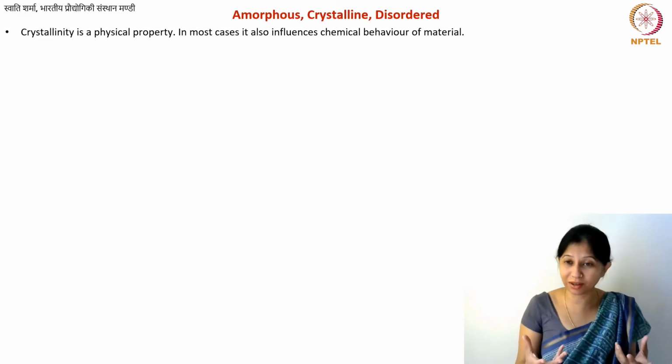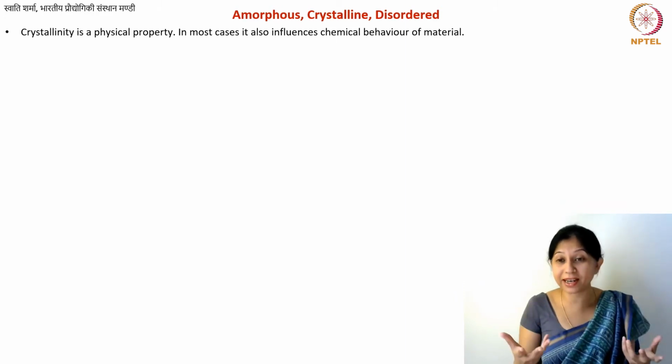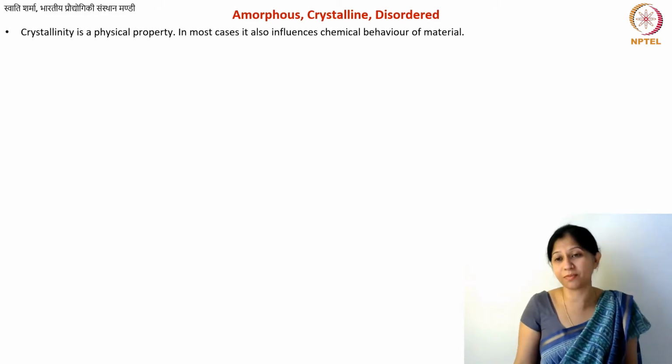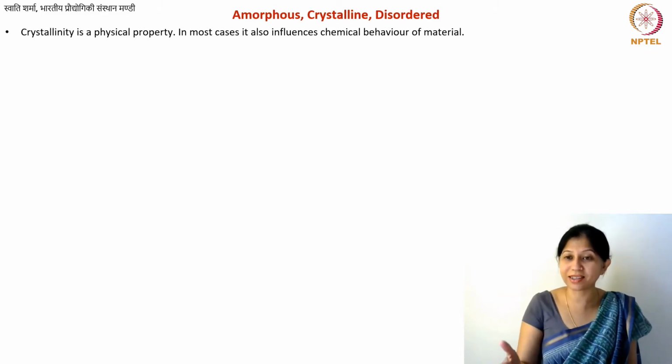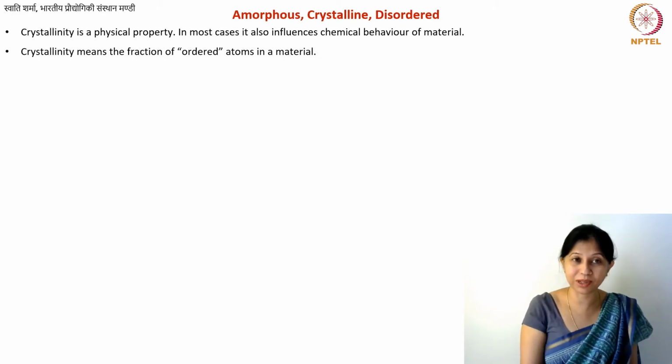So it is both a chemical and physical property, but it definitely influences the chemical behavior of a material. It definitely influences the electrical, thermal, all sorts of behavior of the material. So as such you can say it is a physical arrangement, it's a physical property, but everything is guided by the crystal structure of a material.